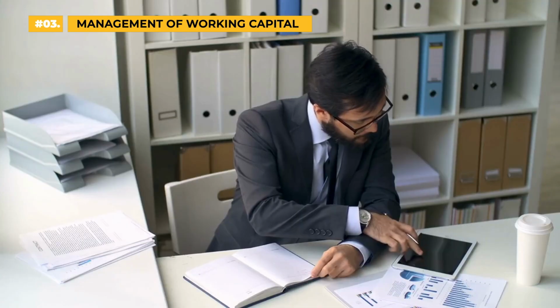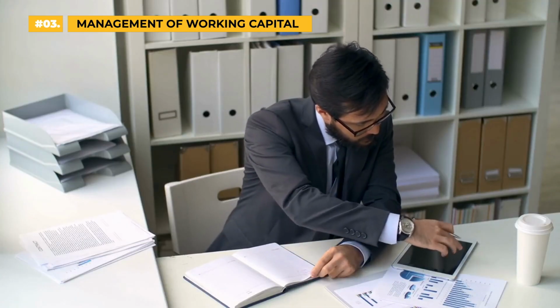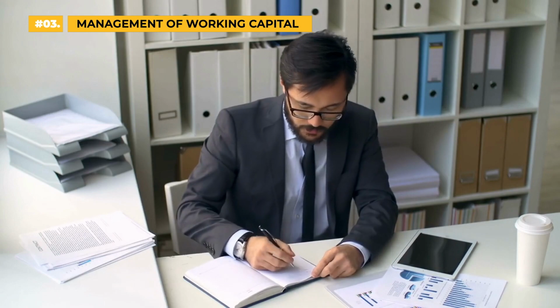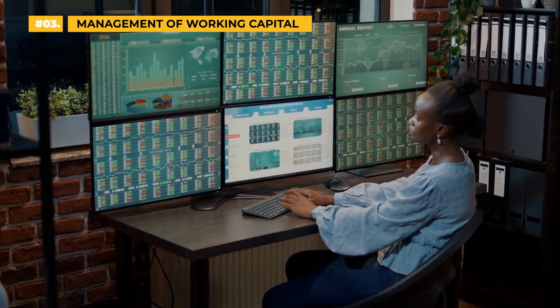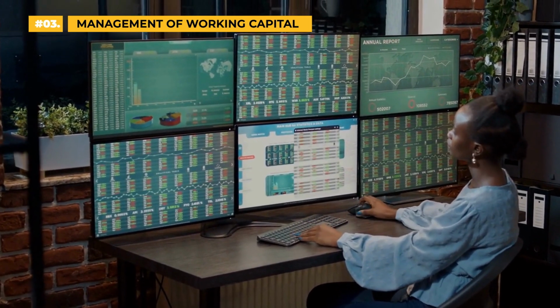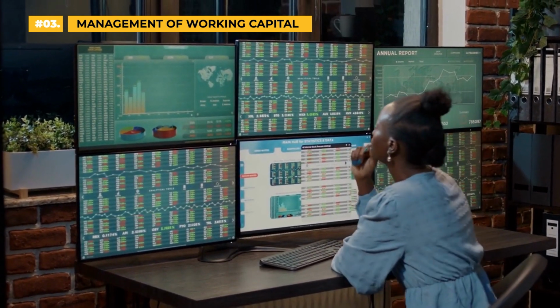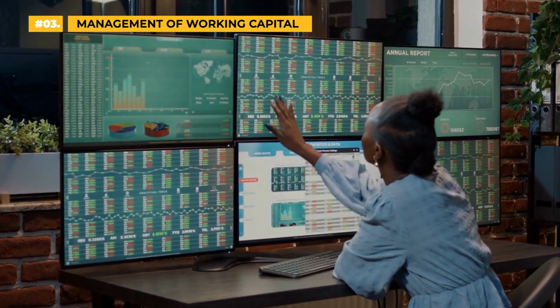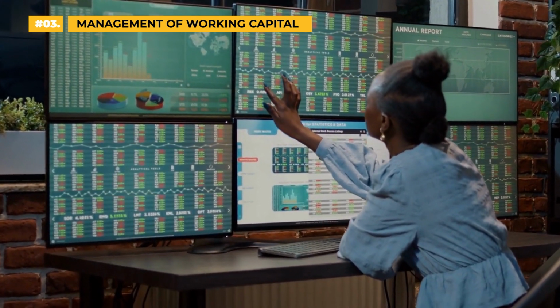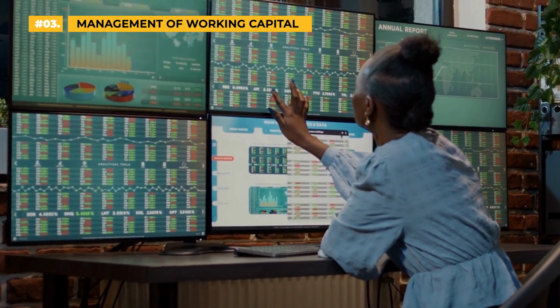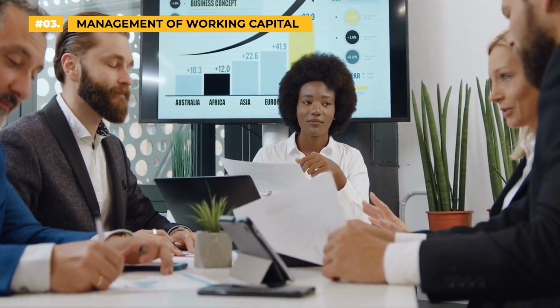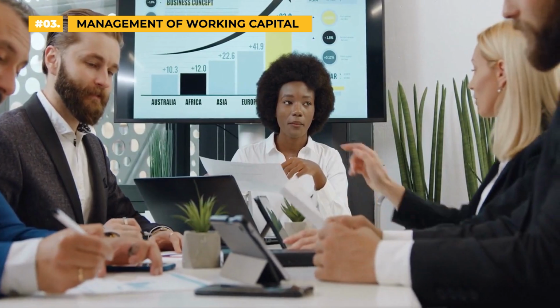3. Management of working capital. Working capital management is the process of a company's bookkeepers and accountants maintaining track of current assets, current debts, cash flow, inventory, turnover ratio, working capital ratio, and other financial metrics.